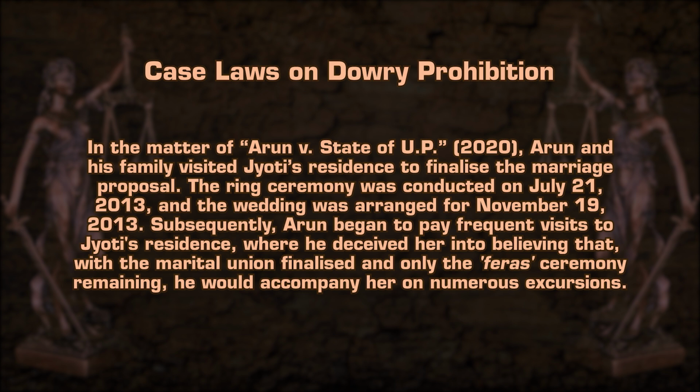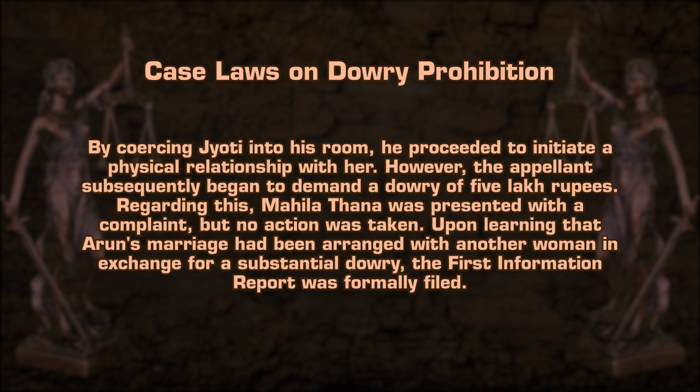The ring ceremony was conducted on July 21, 2013 and the wedding was arranged for November 19, 2013. Subsequently, Arun began to pay frequent visits to Jyoti's residence, where he deceived her into believing that with the matrimonial union finalized and only Phera's ceremony remaining, he would accompany her on numerous excursions.